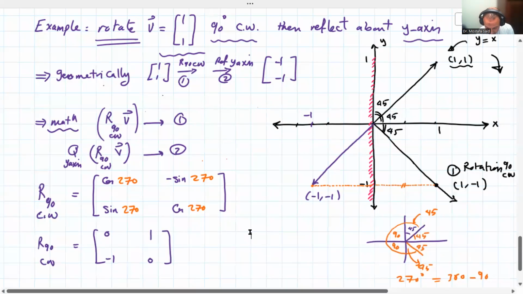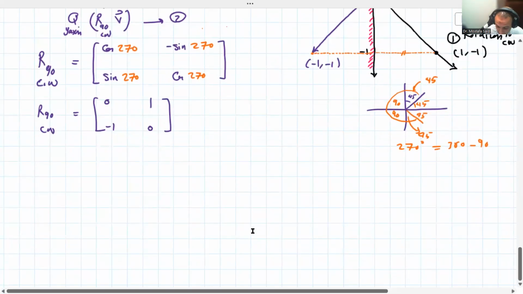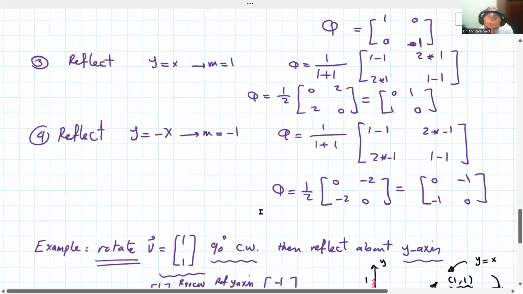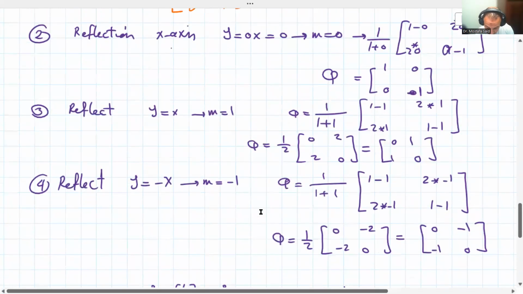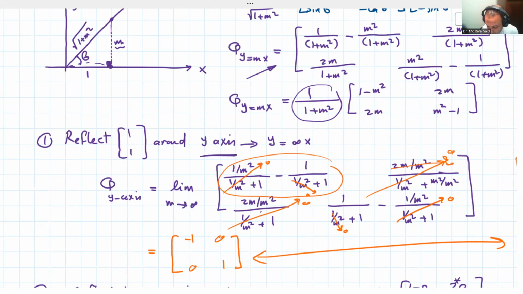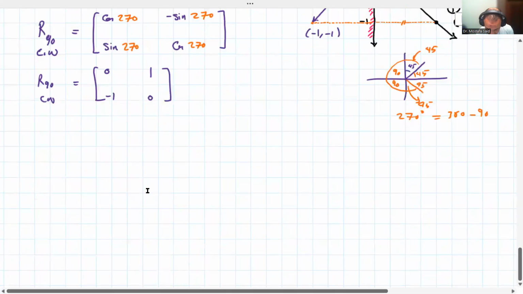Now the reflection matrix, okay, we did this before. So the y-axis, it's just copy and paste from before. We said that the reflection around the y-axis, from the last lecture, is minus 1, 0, 0, 1.